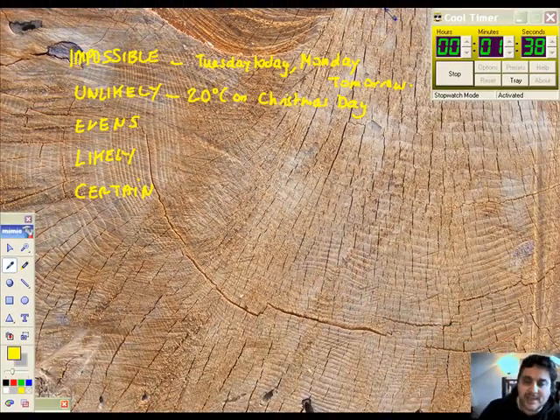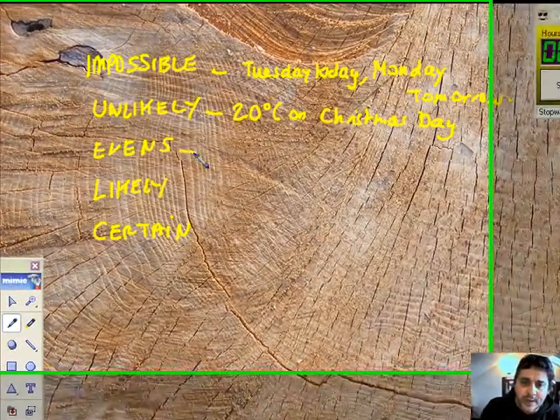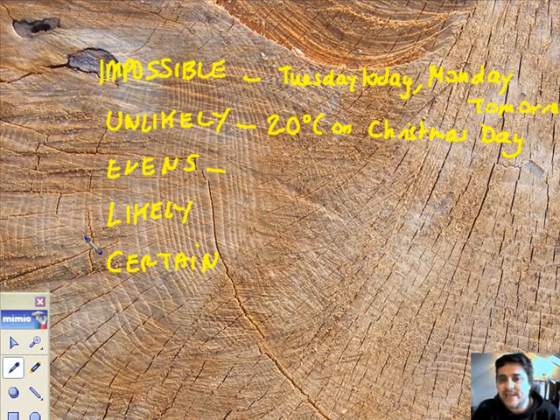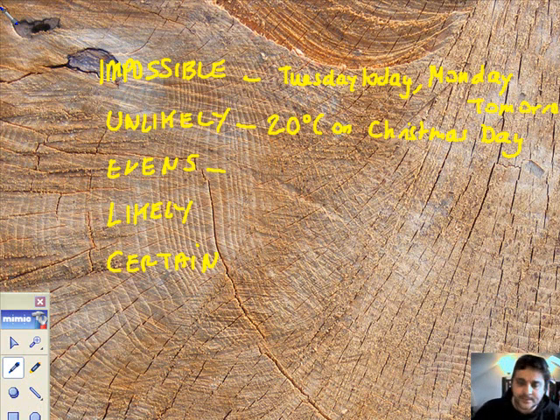Evens, I mean a classic here. If you take a coin, any coin, its heads on one side, tails on the other, provided it's not a dodgy coin, the probability of flicking and getting a head is evens. The probability of flicking and getting a tail is evens. Why is that? There are two possible outcomes for the event flicking a coin, and you could get head or tail.